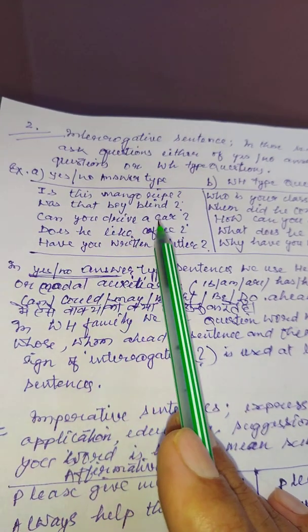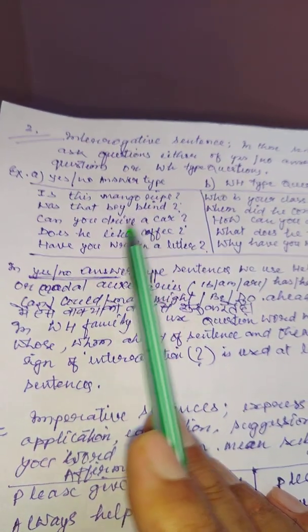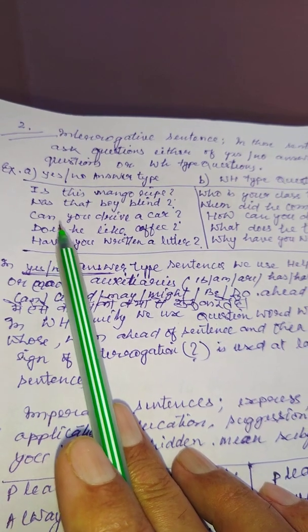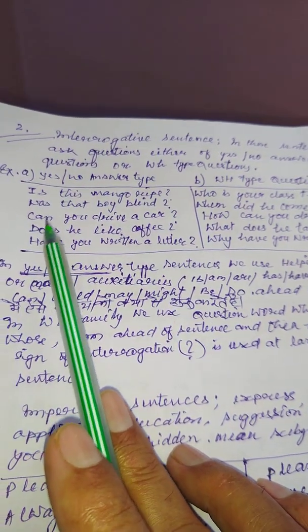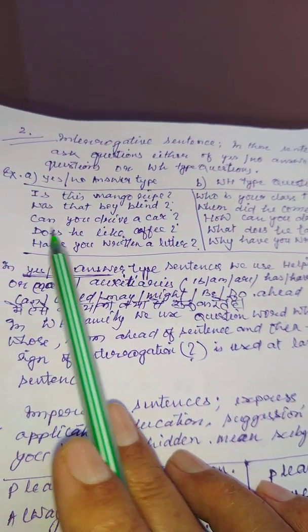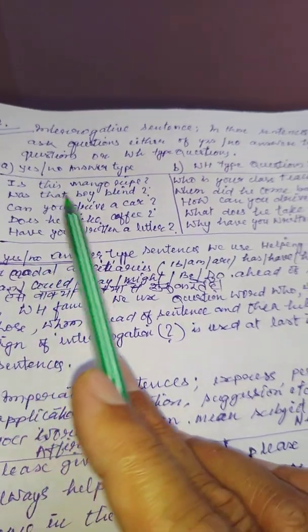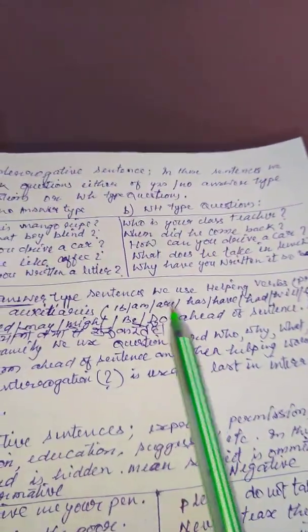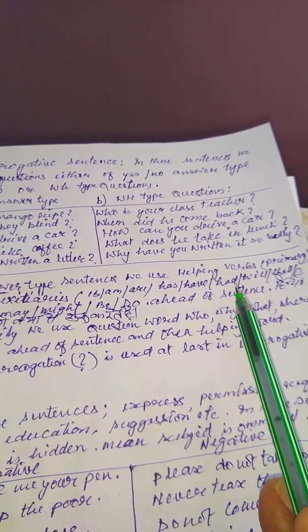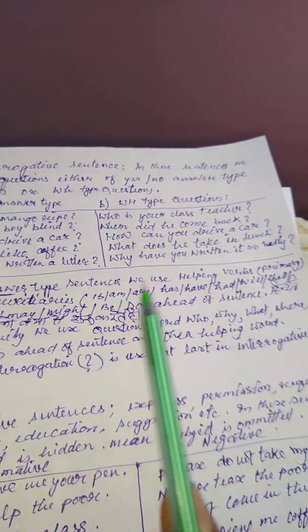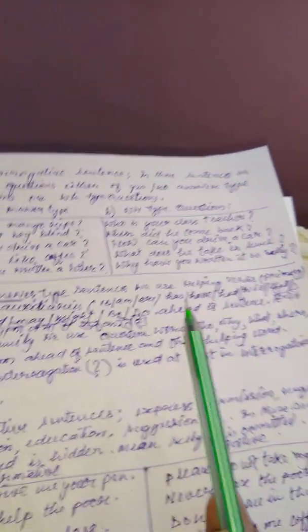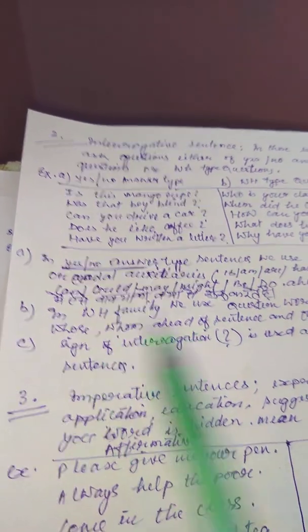Can you drive a car? This is also an interrogative sentence. Can, does, have, was and is, which we have mentioned here. These helping verbs and the primary auxiliaries can be used to form an interrogative sentence.